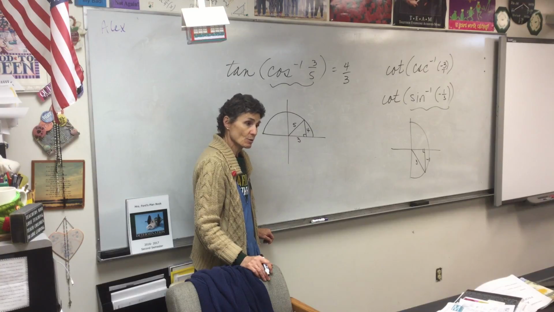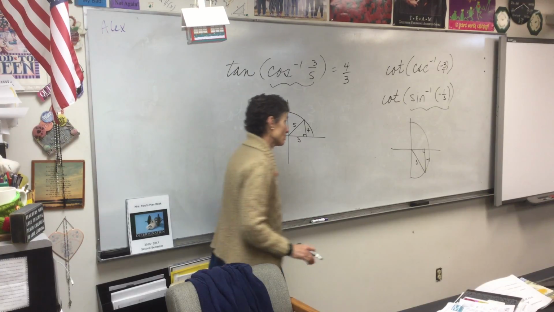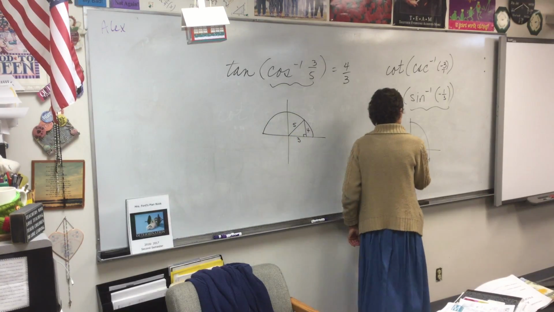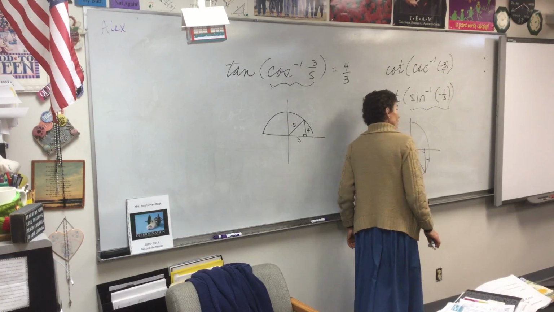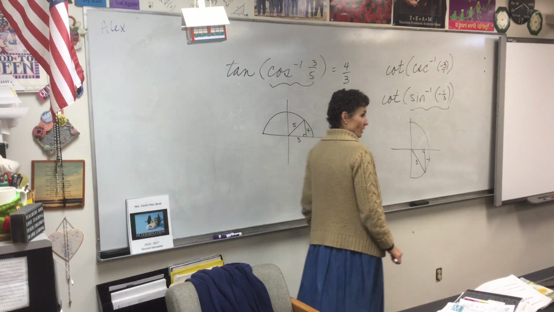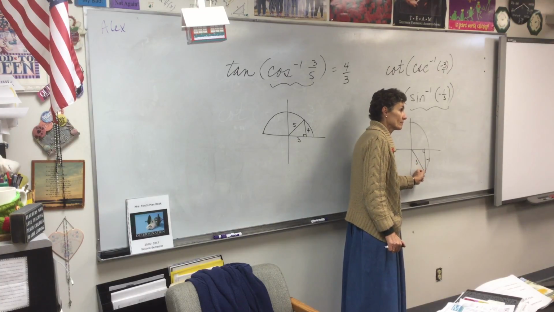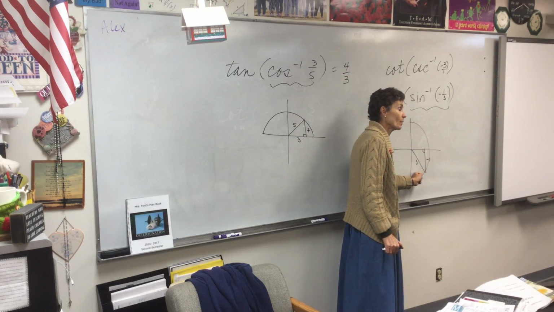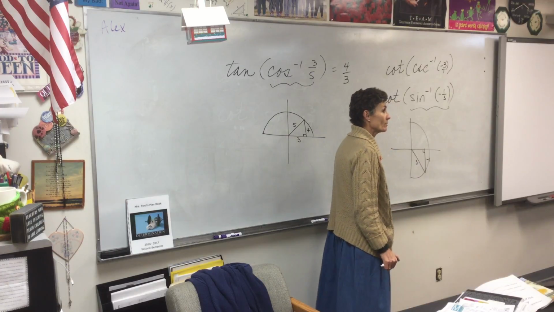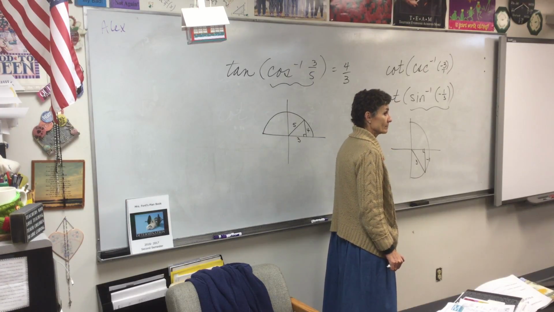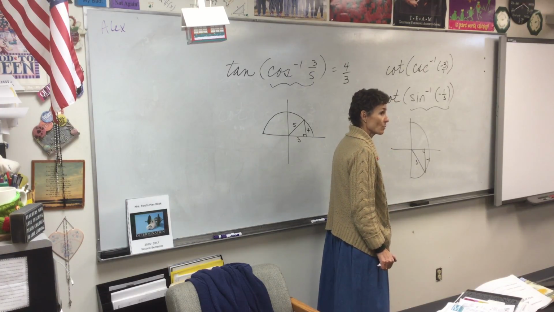This one doesn't work out so great. So what's this side going to be? Not √10, watch it now. A squared plus b squared is c squared, and hypotenuse is always c. So it's going to be the square root of 9 minus 1, the square root of 8.